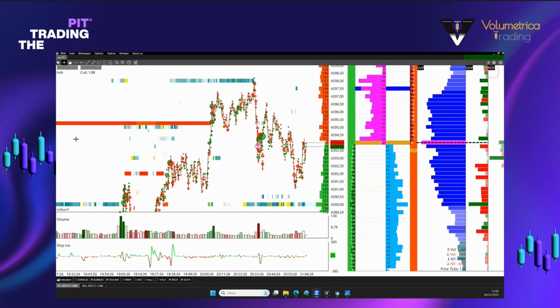By delta, if you were referring to the delta profile, I mean the horizontal delta traded at that price.